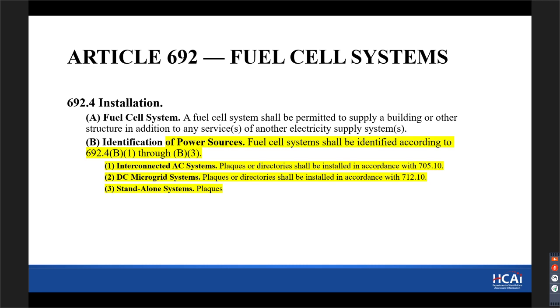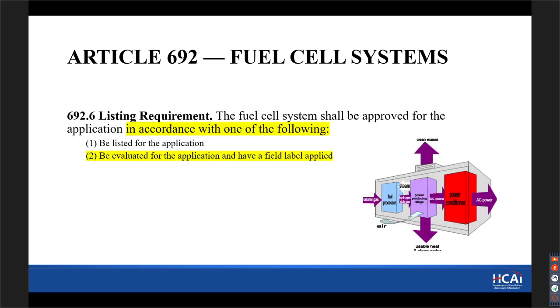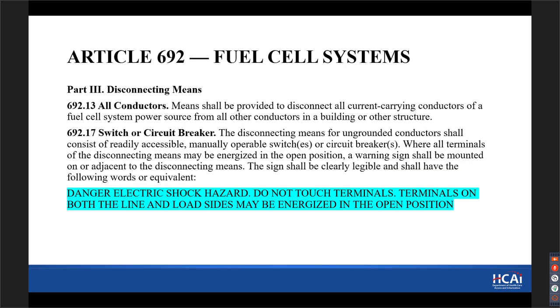Fuel cell systems, 692, this is continuing to evolve. Identification of power sources: again, the same safety requirements for identifying that there's an alternate source that is connected to the utility source. Listing requirements are the same as we saw for the PV systems.